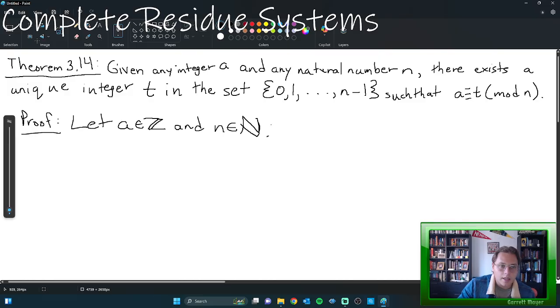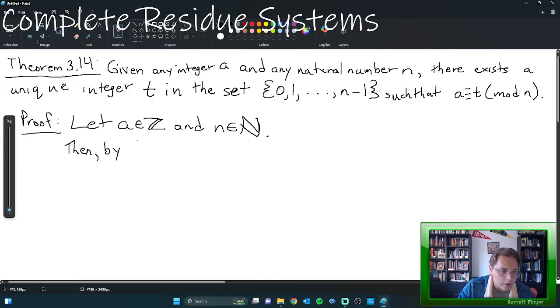Now the one thing you might notice is that having this set 0 through n minus 1, we've actually seen this set before in something we discussed way earlier in our discussions of number theory, at the beginning. And this is the division algorithm, and we're going to use that here in this proof.